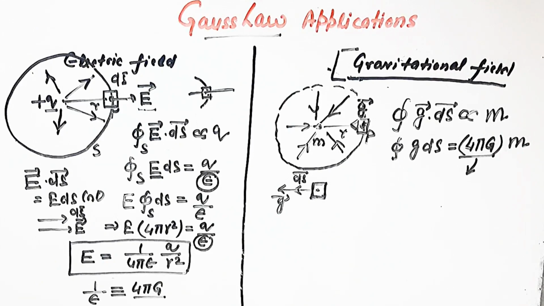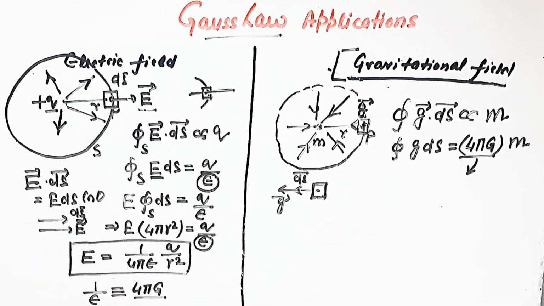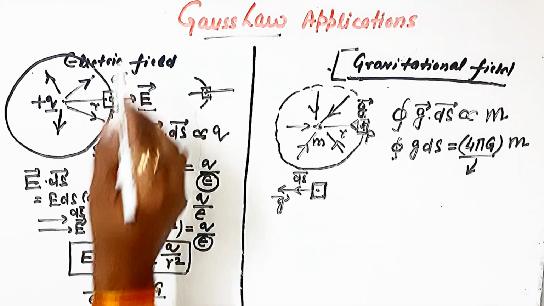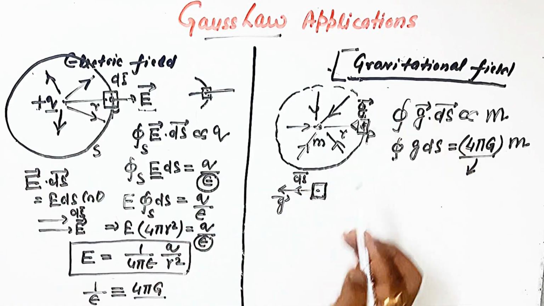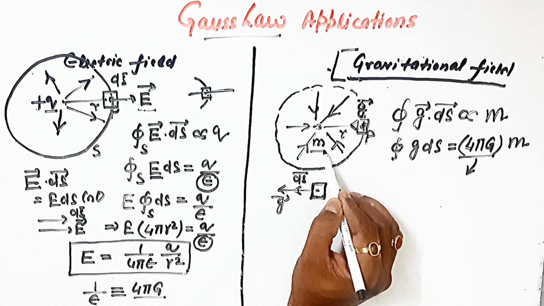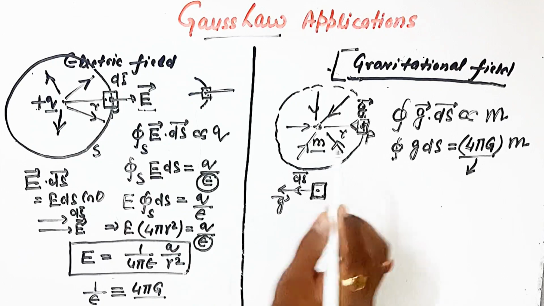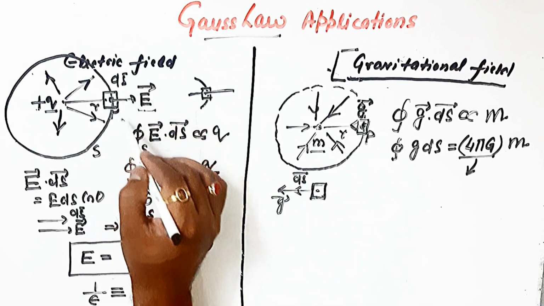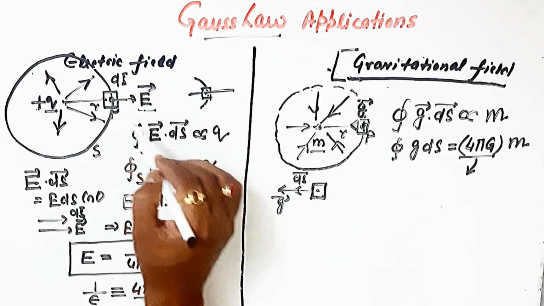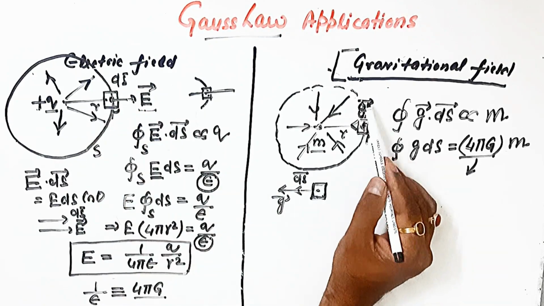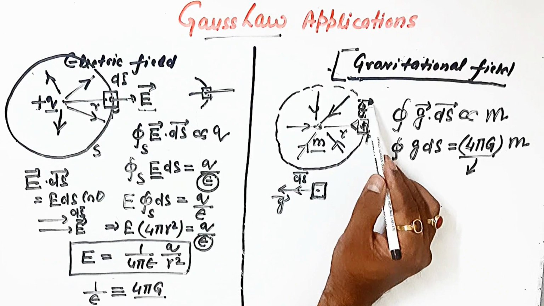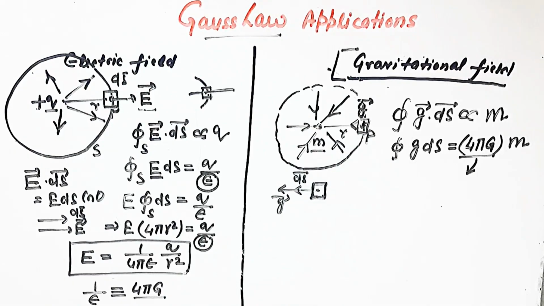Here in the electrical field the constant 1 by epsilon will be there, and here the constant 4 pi G will be there. In electrical field, whatever role charge Q is playing, in gravitational field the same role mass M is playing. And in electrical field, the intensity is represented by field intensity vector E. In gravitational field, the field intensity is represented by acceleration due to gravity g.